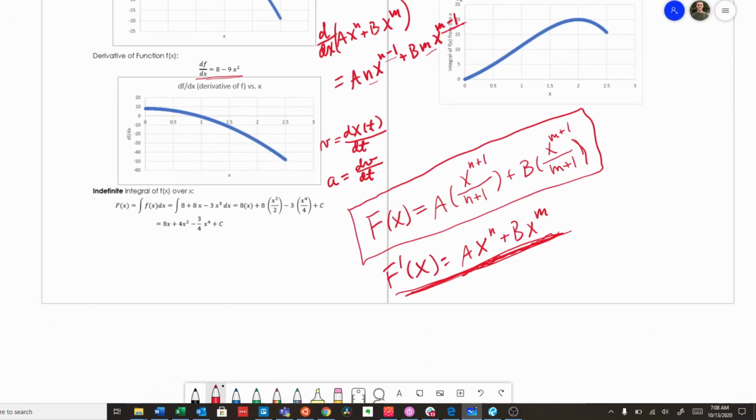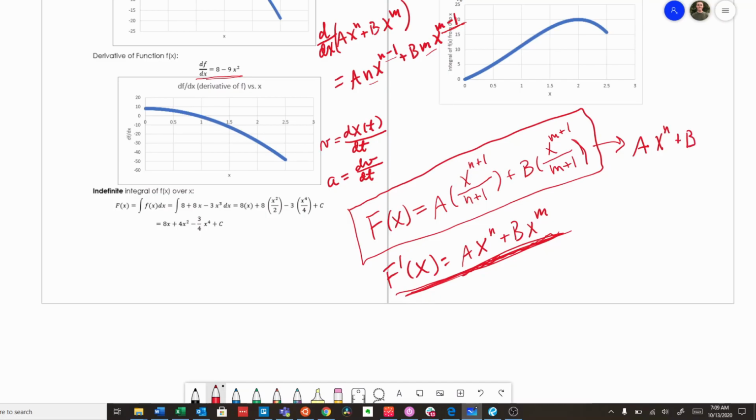So if I take the derivative of this thing here, right, because of the constant multiple rule, that a stays the same. The derivative of x to the n plus 1 over n plus 1, well, I'm going to drop the coefficient out front and drop its power by 1. Well, when I drop it out front, it gets canceled by that n plus 1. And dropping the power by 1, it's just a x to the n. And the same thing happens for the next one.